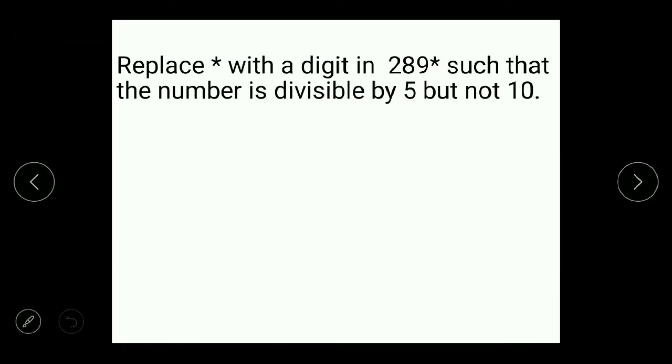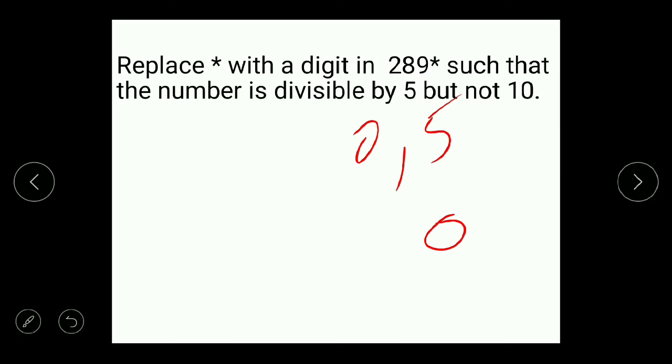We already know that if a number is divisible by 5, then the last digit is either 0 or 5. If a number is divisible by 10, then the last digit will be 0.